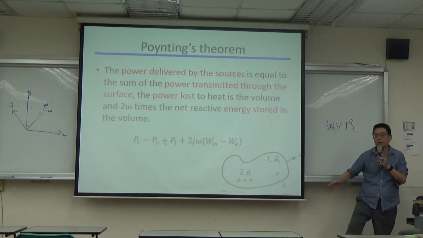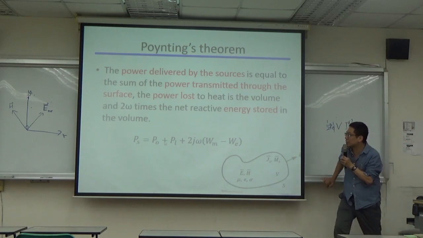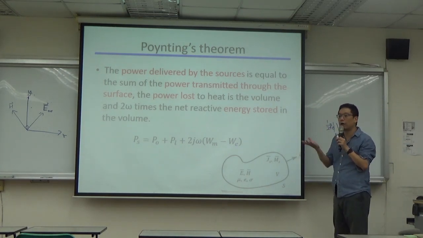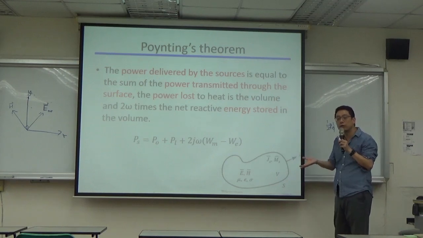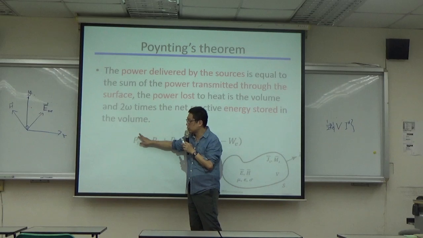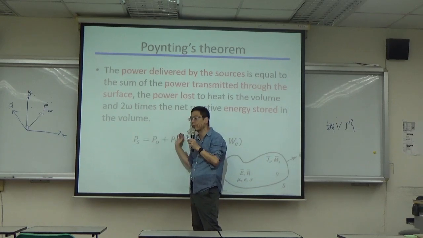Whatever, let's go to the conclusion, and then we can take a break. This is the final form of our power transformation. You can check your textbook for the derivations, but this is the conclusion.